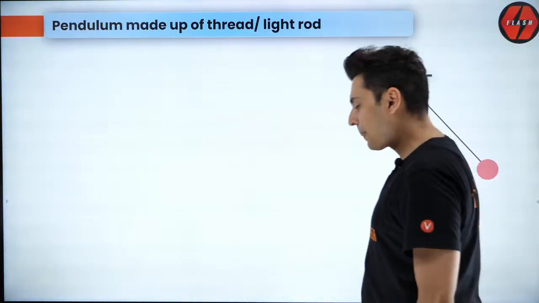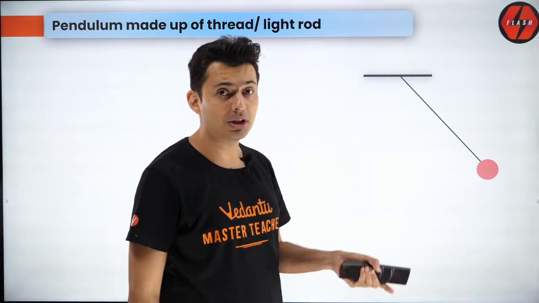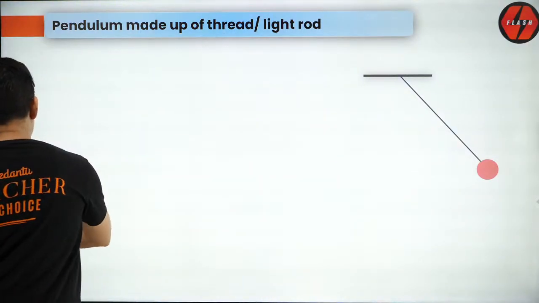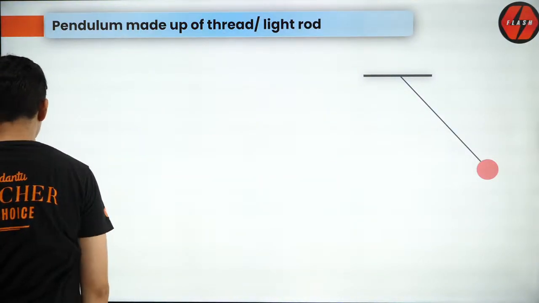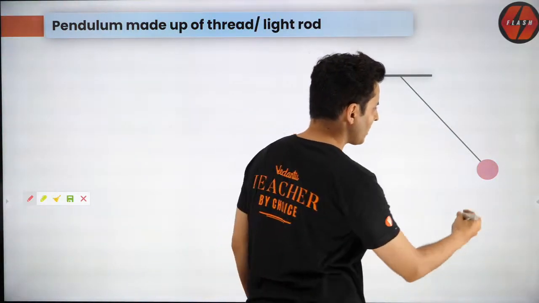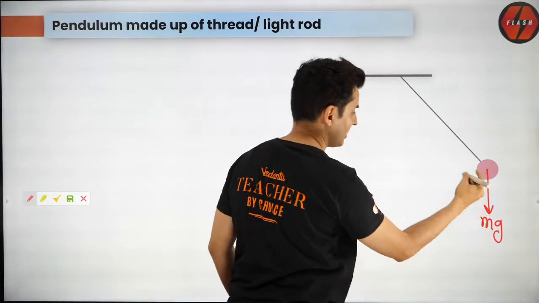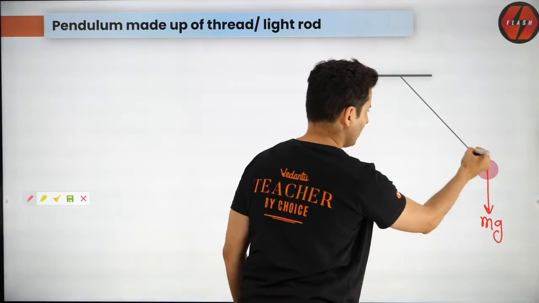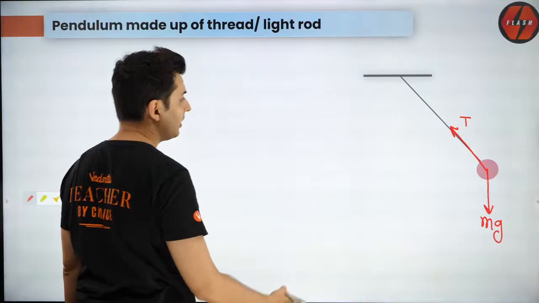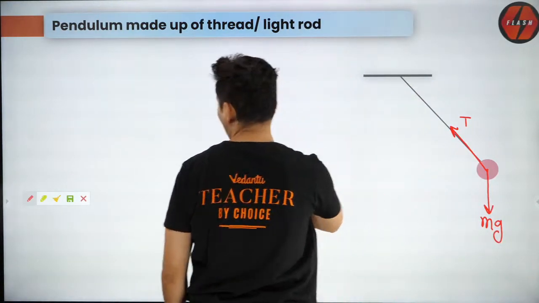All right. So pendulum made of thread or a rod. These are the two kinds of questions that usually come: thread and rod pendulums, which are swinging in vertical circular motion. So understand the difference, guys. When a pendulum swings, draw the free body diagrams. The mass will have its own weight, there will be tension over here, and depending on where it is and how it is moving, it can have some angular velocity.